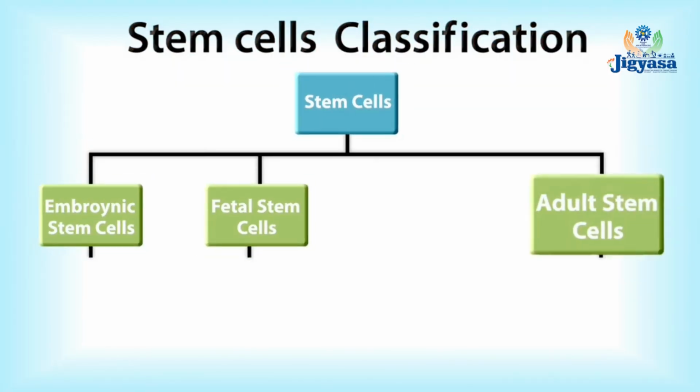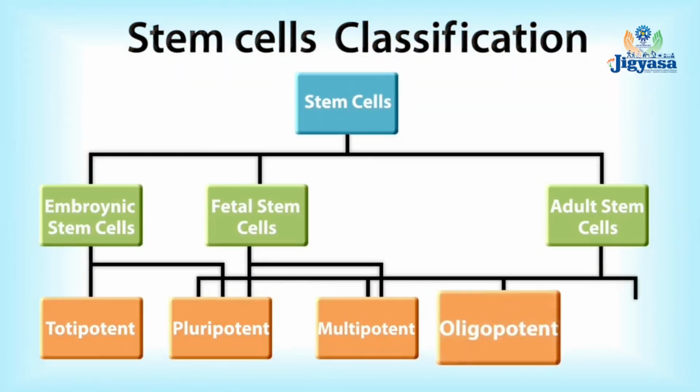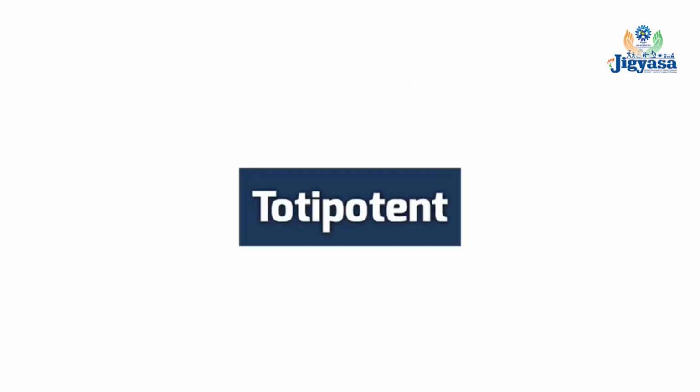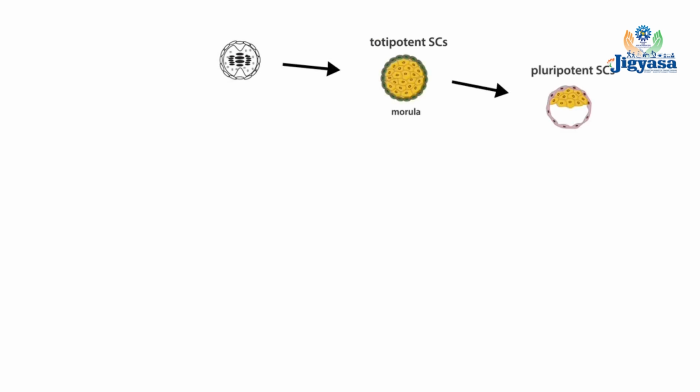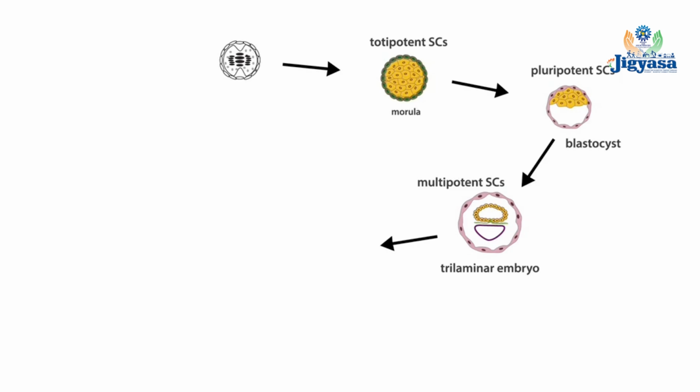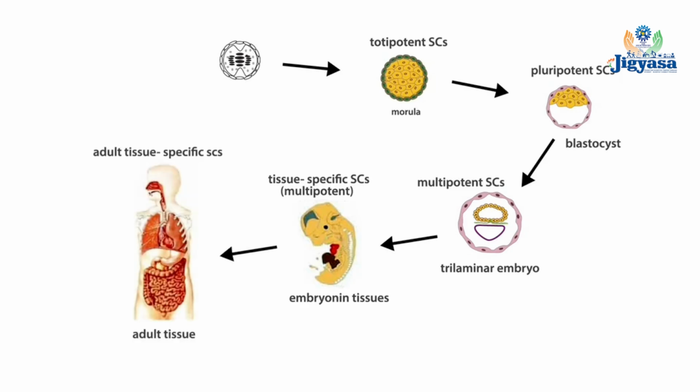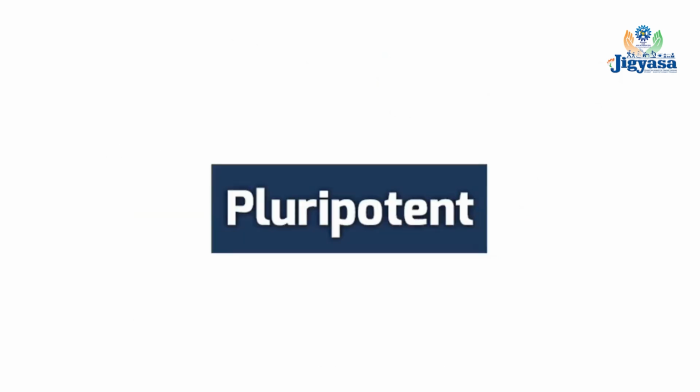Hypothetically, the types of stem cell based on their functions are: Totipotent. These stem cells can differentiate into all possible cell types. The first few cells that appear as a zygote starts to divide are totipotent. Pluripotent.